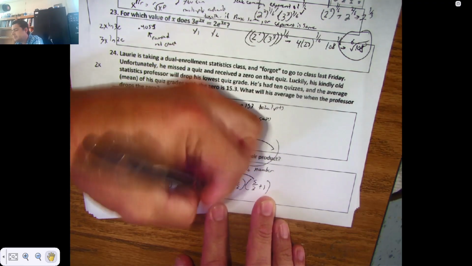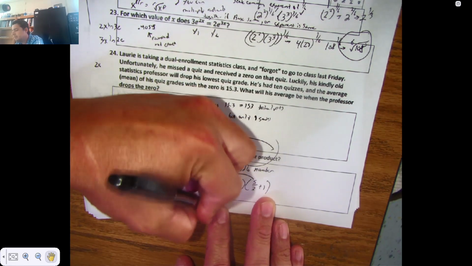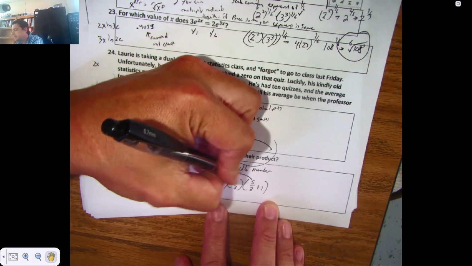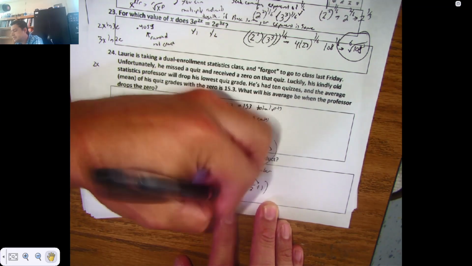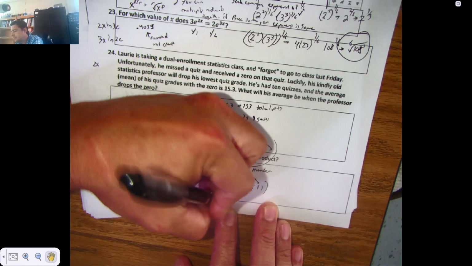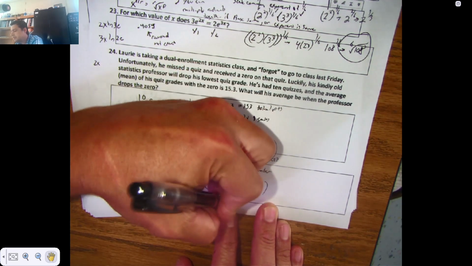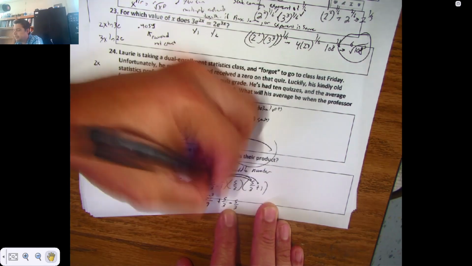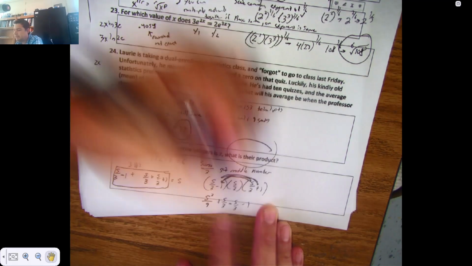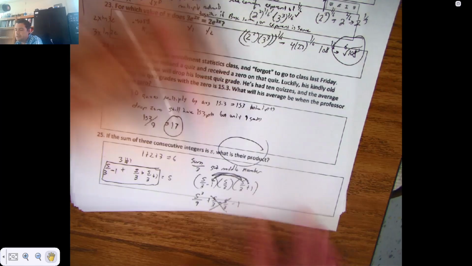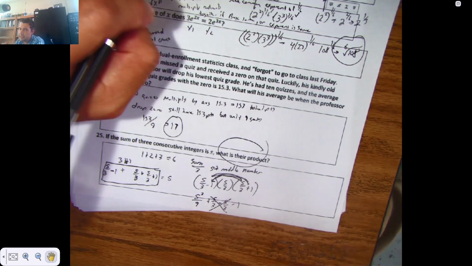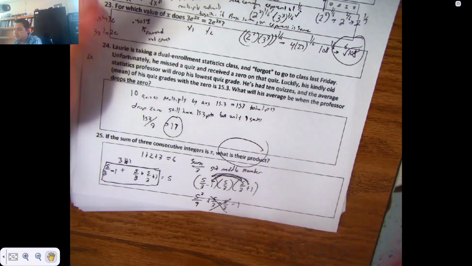So s over 3 times s over 3 is s squared over 9. Then you're going to have a plus an s over 3. Then you're going to have a minus an s over 3. And then you're going to have a minus 1. And those guys cancel each other out. That's why I did that outside pair first, because I knew there'd be a cancellation.